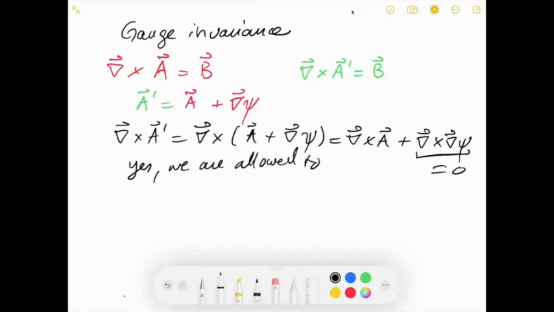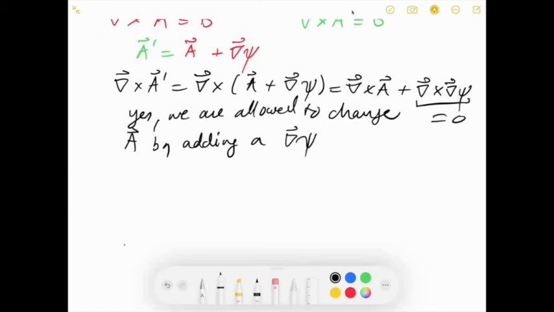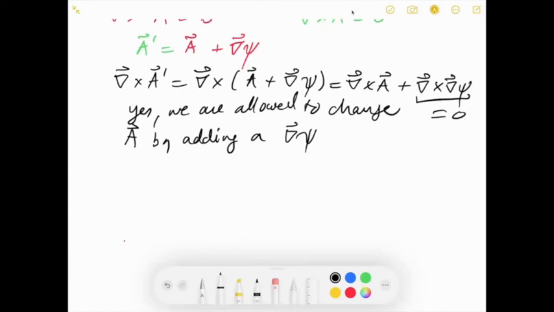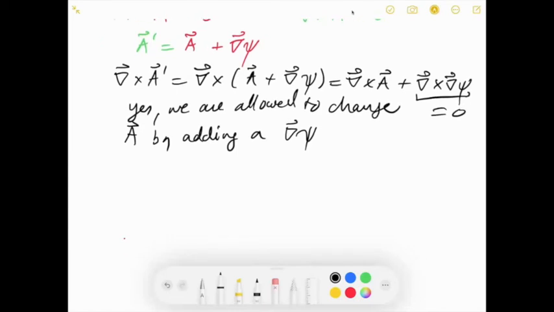to change A by adding a gradient of psi. We can do that. Now, why would we want to do that? Well, there's a very specific reason.